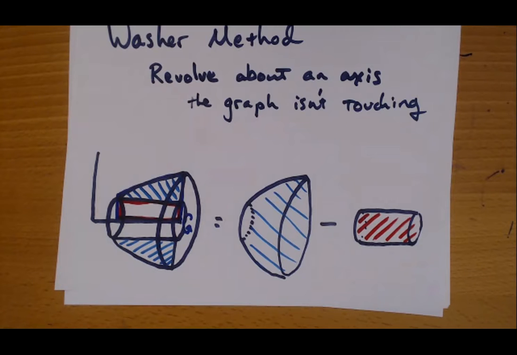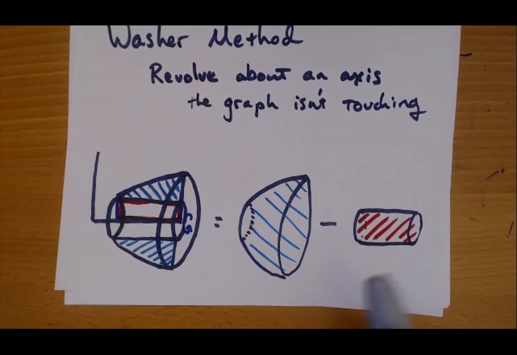So really what this means is that we can set this up with two integrals, a positive integral and a negative integral, and then subtract them. Now, sometimes it's easiest to just do it that way.